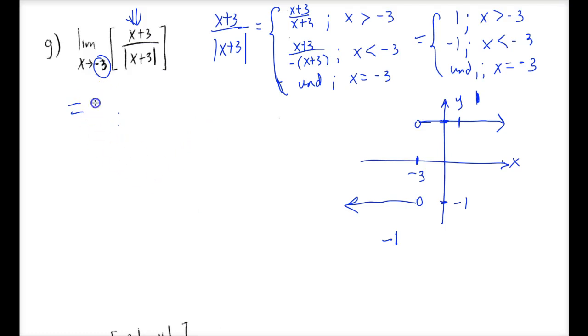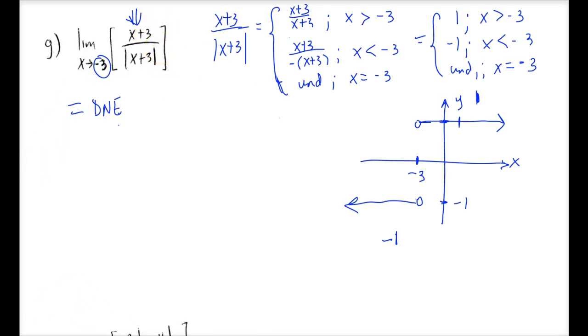And since it doesn't, then we know that this particular limit does not exist, meaning that the behavior of the function x plus 3 divided by absolute value of x plus 3 does not consistently approach the same y values from both the left and the right. Okay, so that's how we work this particular problem.